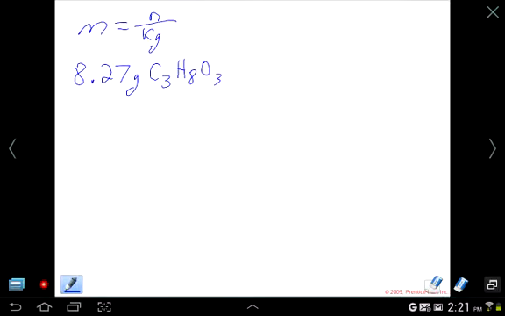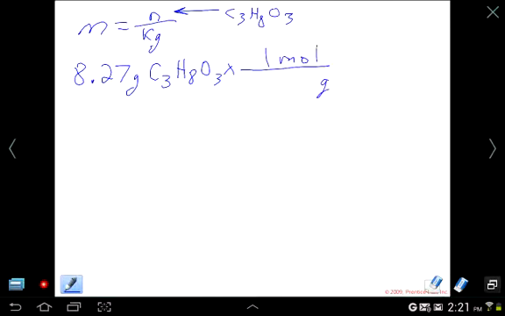We'll have to first convert this into moles, because we're looking, remember, for the moles of this substance. So we'll have to put grams down here in a mole.